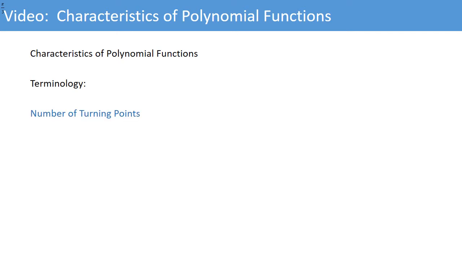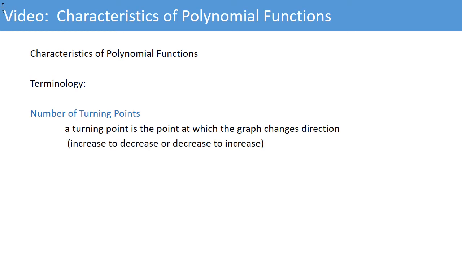Number of turning points. What is a turning point? A turning point is the point at which the graph changes direction, either from an interval of increase to an interval of decrease, or from an interval of decrease to an interval of increase. A polynomial of degree n has at most n minus 1 turning points.